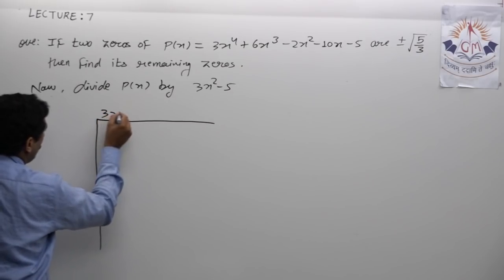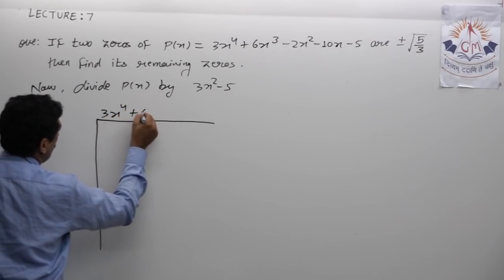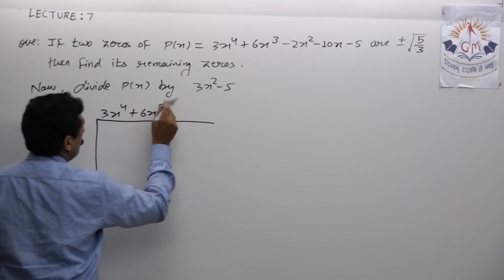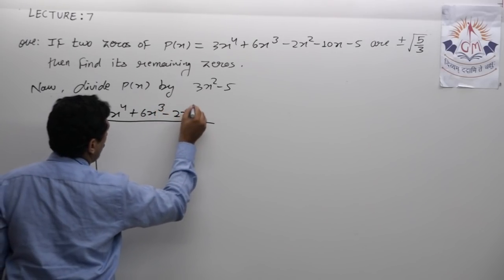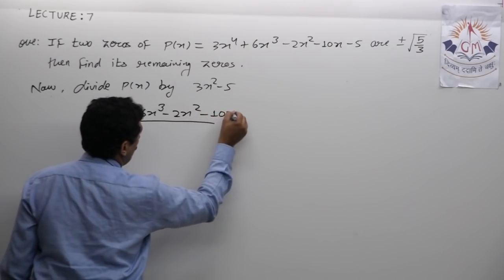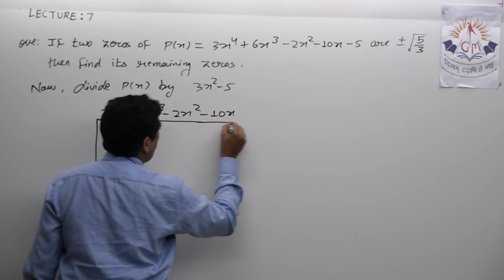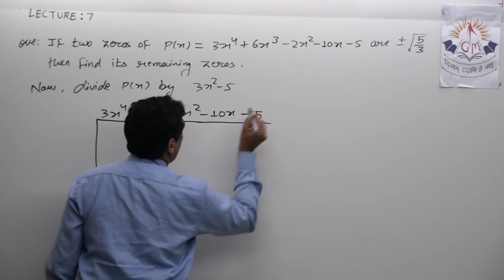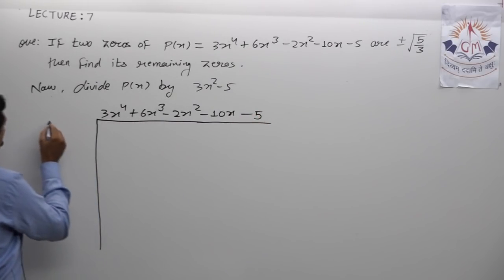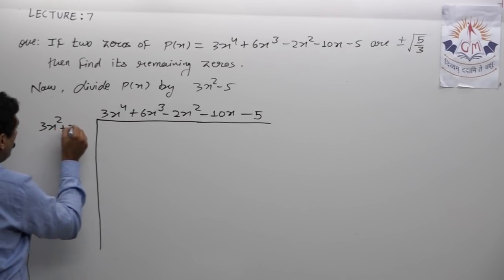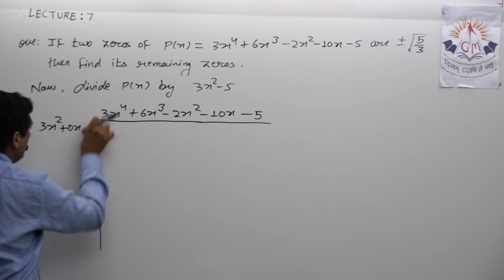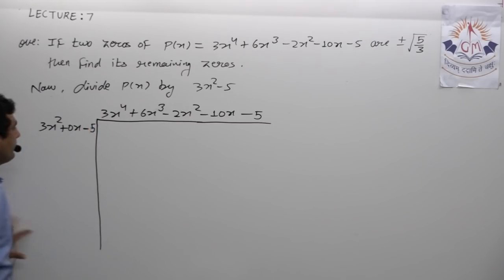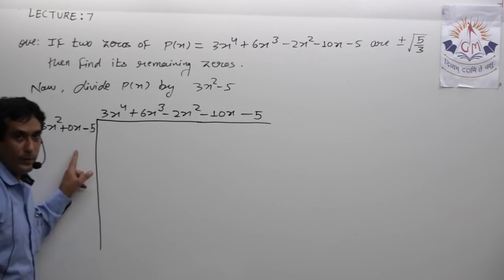Okay, so 3x raised to 4 plus 6x cube minus 2x square minus 10x minus 5, and over here we have 3x square plus 0x minus 5. As I told you, we have to write this in the standard form. Okay, 3x square plus 0x minus 5.